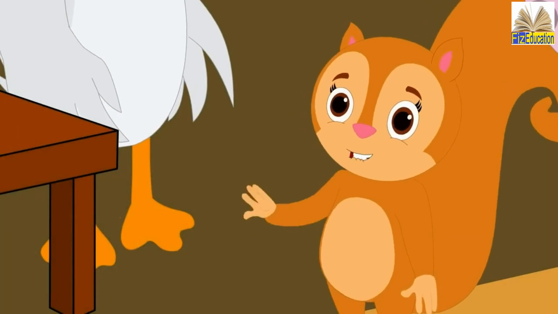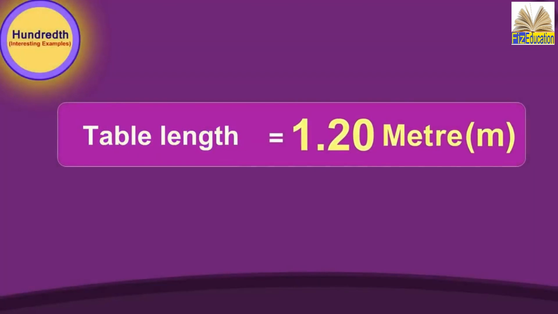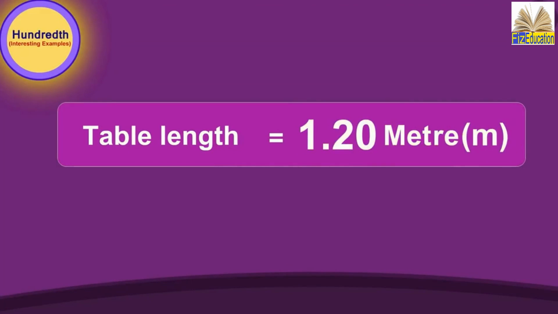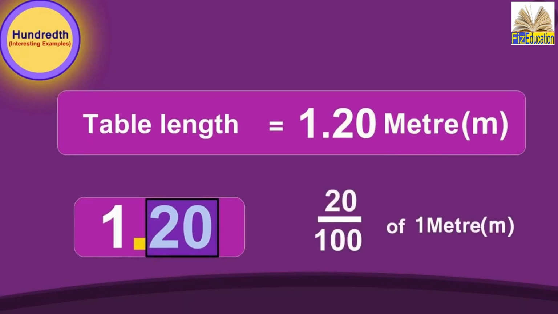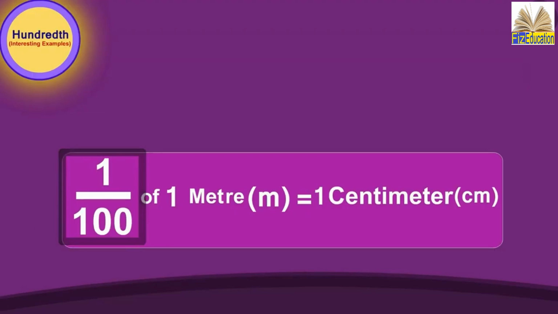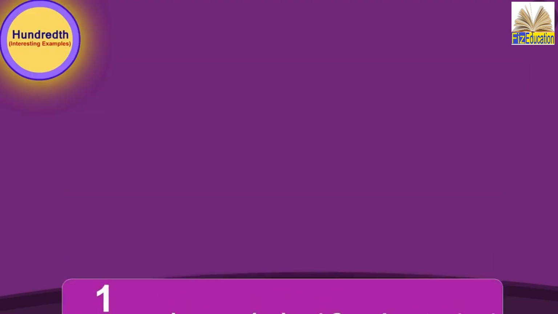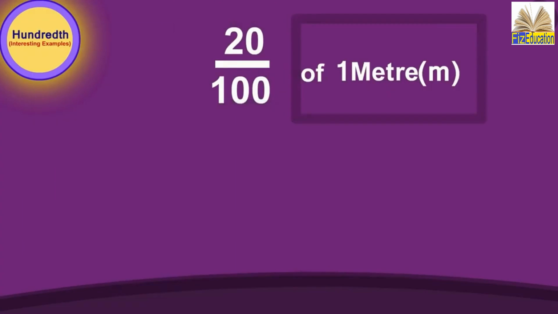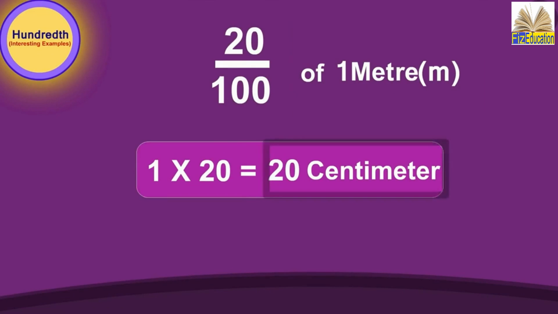Okay, now I understood, Uncle. The length of this table is 1.20 meters. 20 or 20/100th of a meter is written after the decimal, because 100th part of a meter is equal to 1 centimeter. 20/100th part of a meter will be equal to 1 into 20 or 20 centimeters.